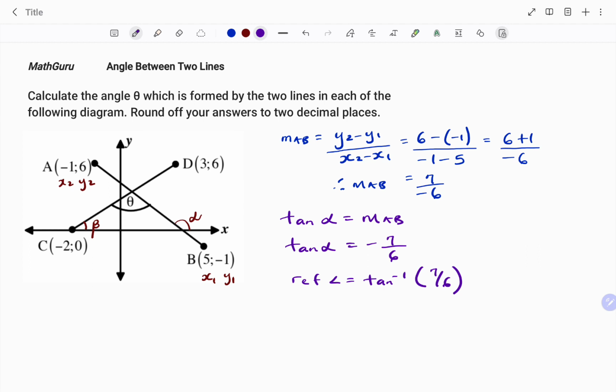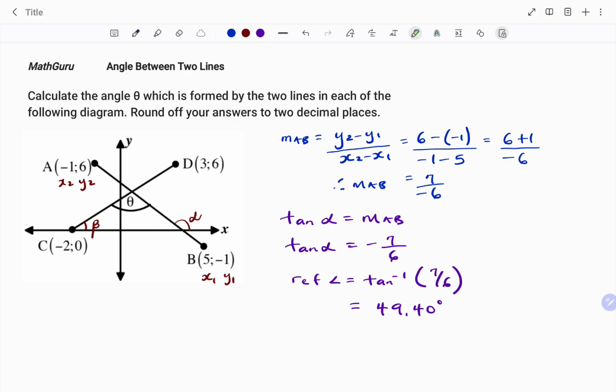In order to get my reference angle, if I punch that in, that's the second function of my tan button on my calculator, I have 49.40 degrees, which is an acute angle. But if you look at what I have in my diagram, that's an obtuse angle.